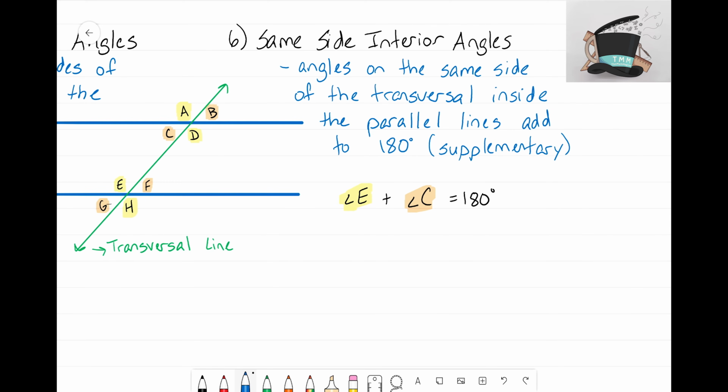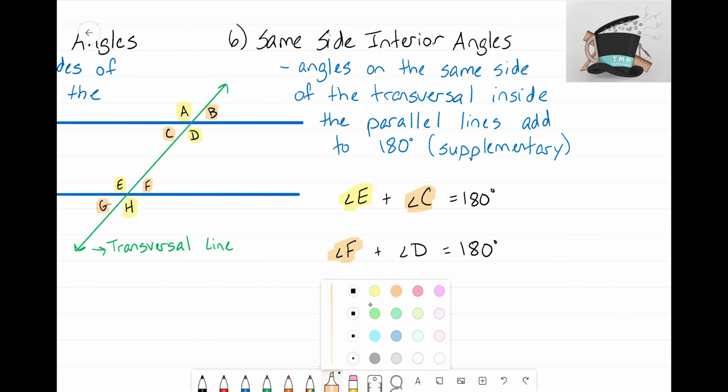Looking at that diagram, let's see if you can figure out the other two angles that are also same side interior angles. We took care of E and C. The other pair of same side interior angles would be F and D. So we also know that angle F plus angle D will give us 180 degrees.